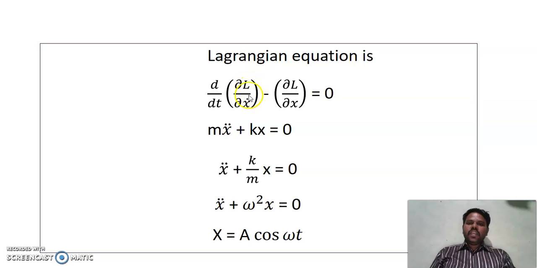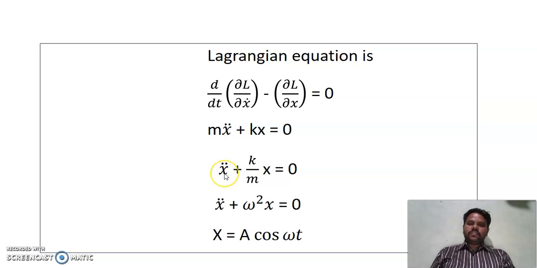Differentiating L with respect to x dot, we obtain m x dot, and differentiating dou L by dou x, we get minus kx. On differentiating with respect to t the dou L by dou x dot term, it reduces to m x double dot. On substituting dou L by dou x, we obtain m x double dot minus of minus kx, that is plus kx, equal to 0.